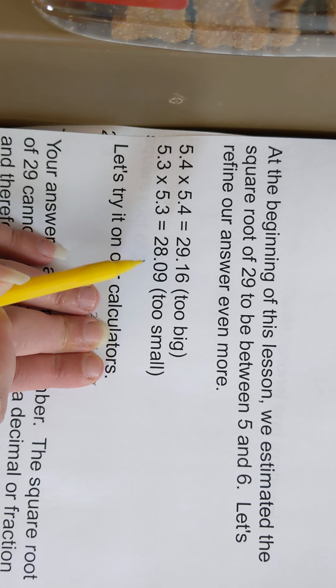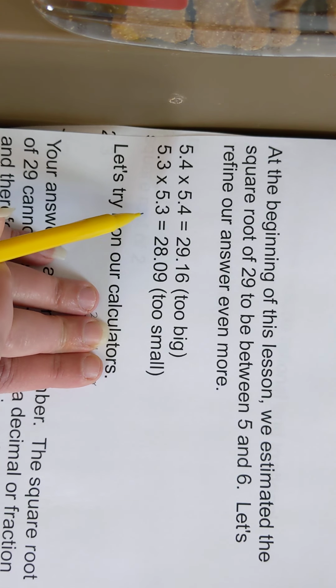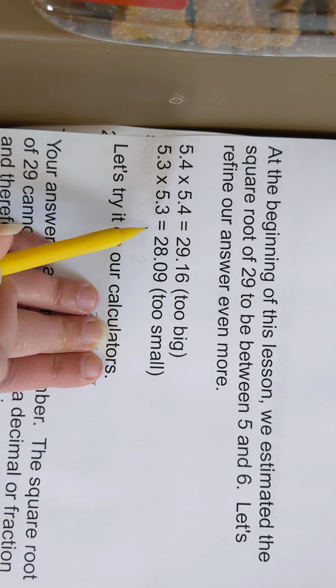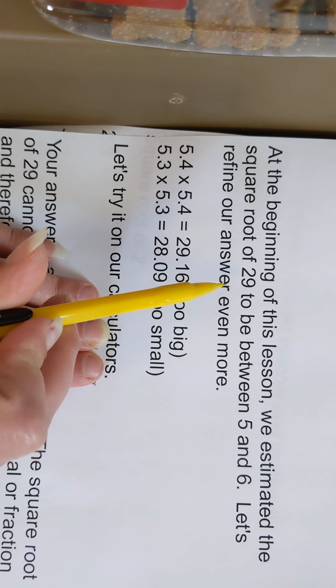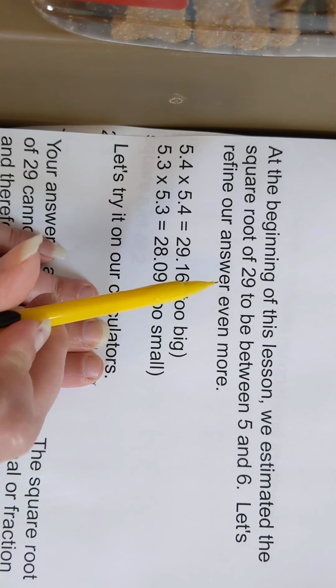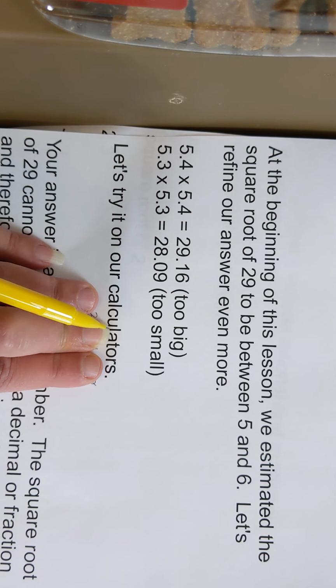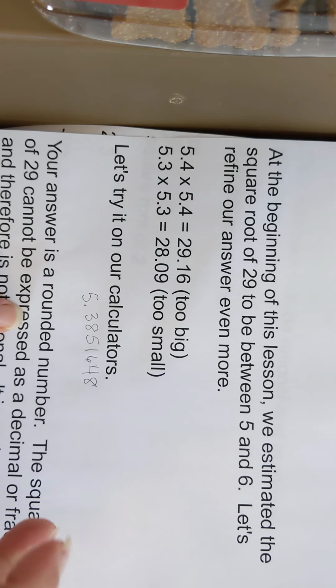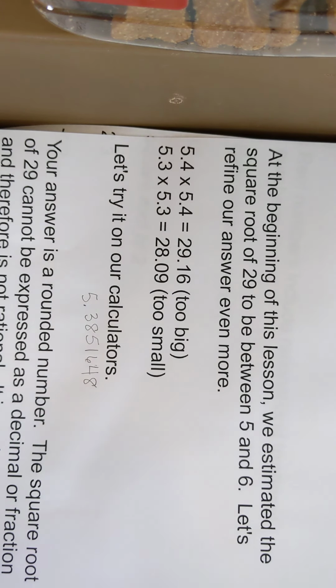So I could try 5.31, 5.32, 5.33, and keep squaring those numbers to get closer and closer to 29. I could also do this on my calculator and take the square root of 29, and I might come up with 5.3851648. That would be the display on my calculator.